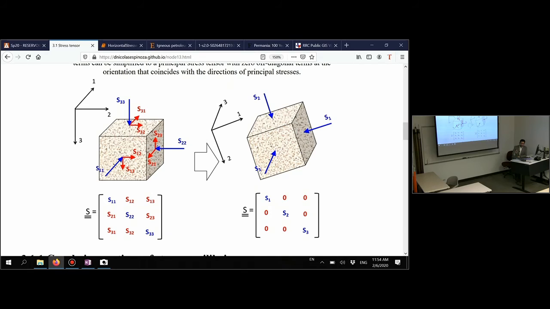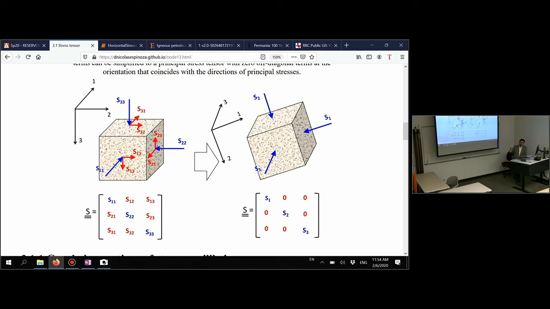So, physically, when we calculate those principal values, those are values with associated directions in which there is just normal stress. There is no shear stress.